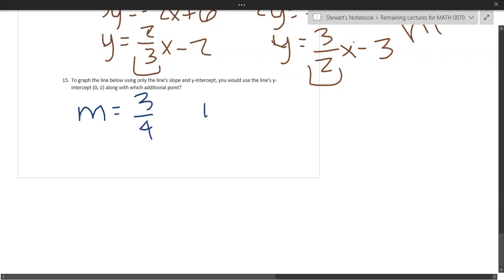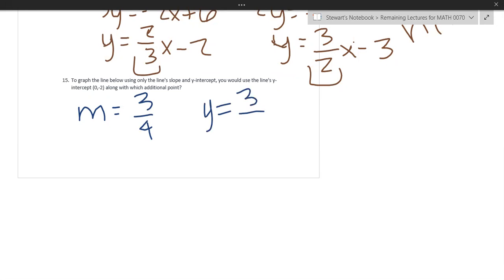So our line would be y equals 3/4 x minus 2, because it gave us our y-intercept.